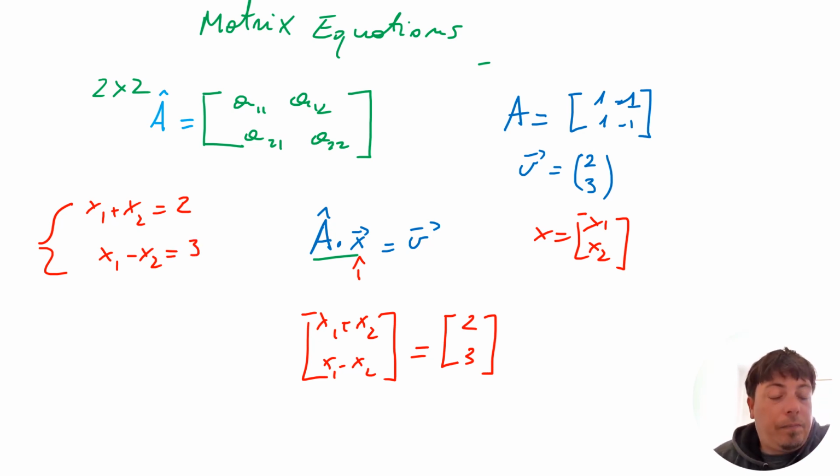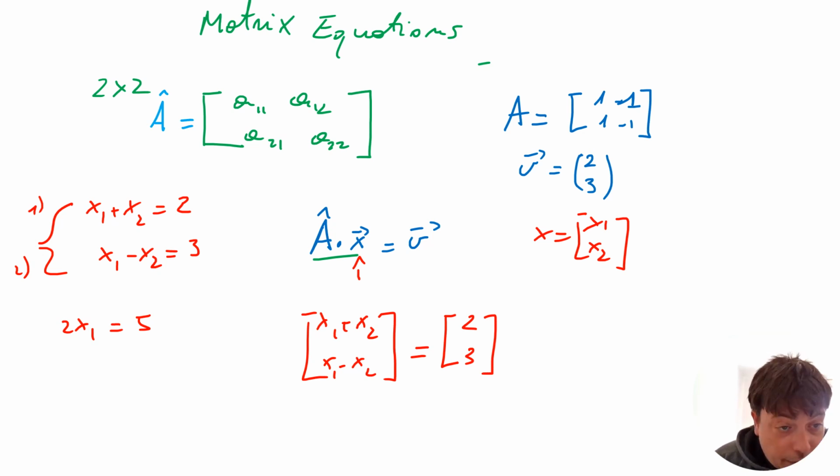One way is to, I don't remember the name of the method, but basically if you sum and subtract, so if you combine the two equations in a way that you can isolate x1 and x2, you can solve the equation easily. In this case, if we sum the first one and the second one, x2 gets cancelled out and you get 2x1 equal to 5, for example.